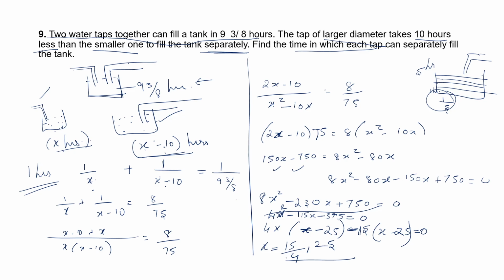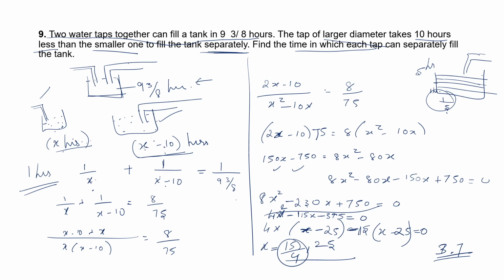It will be 3.7 something. If the smaller tap can fill in 3.7 hours, how can the larger fill in 10 hours less? It will become negative. Getting or not?